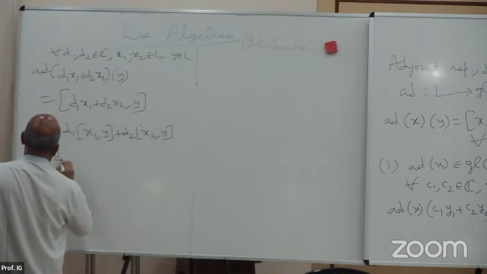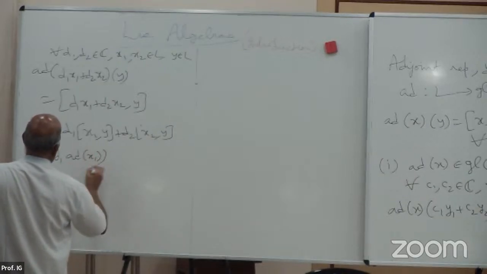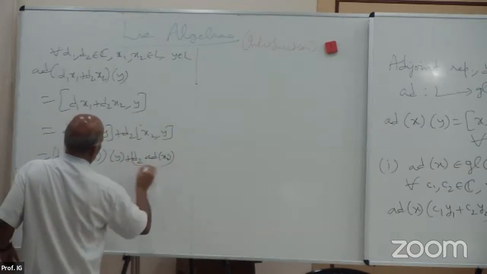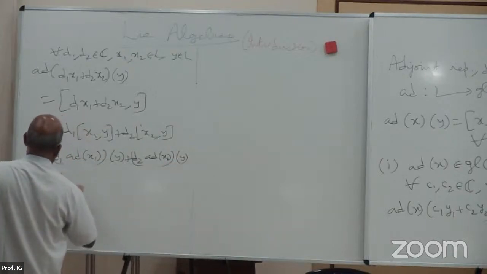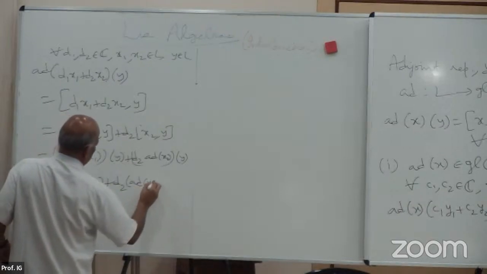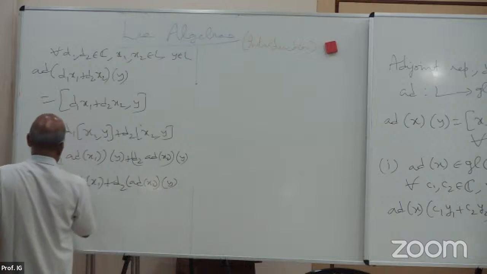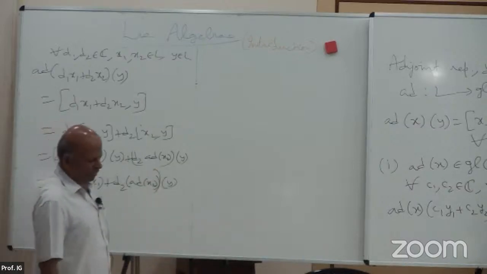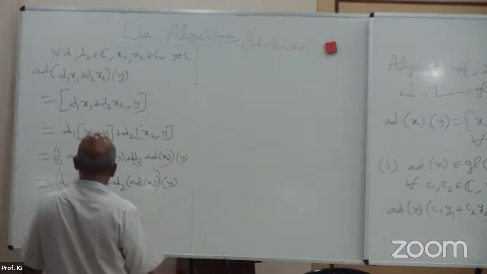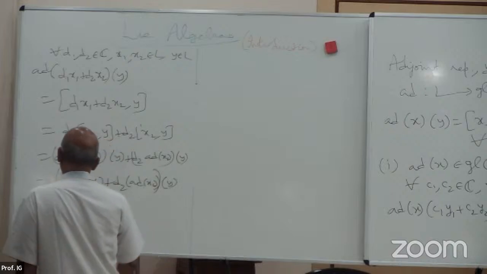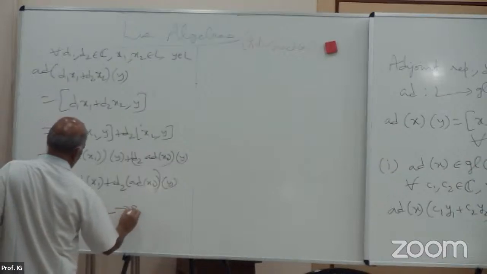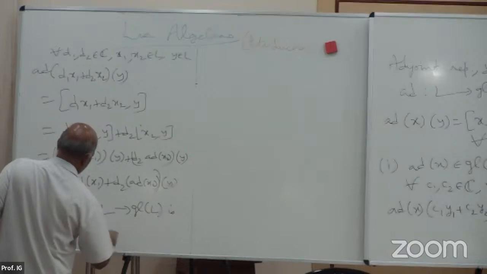And this is precisely d1 ad x1 of y plus d2 ad x2 of y, that is, (d1 ad x1 plus d2 ad x2) of y. So for every y, ad of d1 x1 plus d2 x2 turns out to be d1 ad x1 plus d2 ad x2, and it is linear.